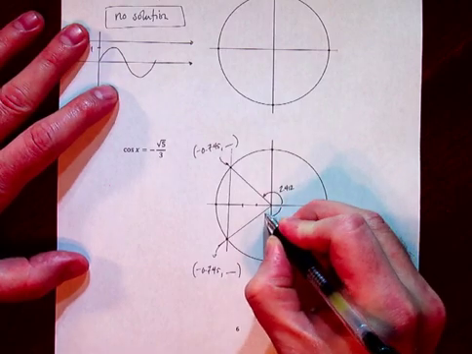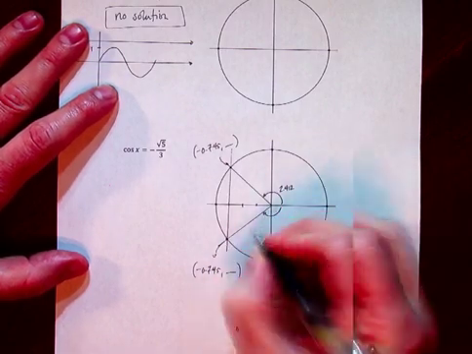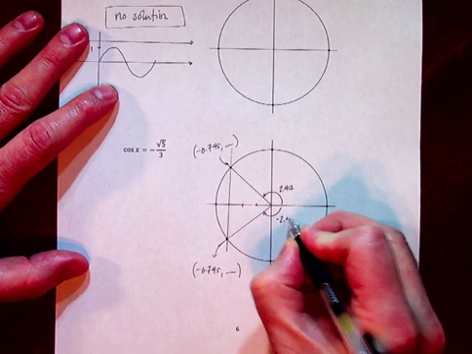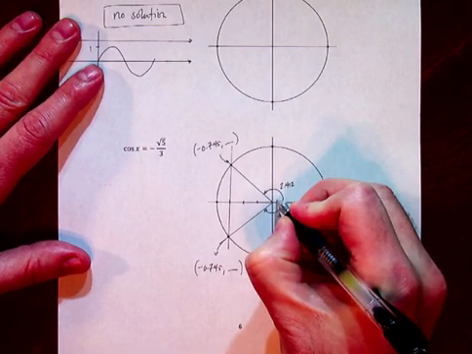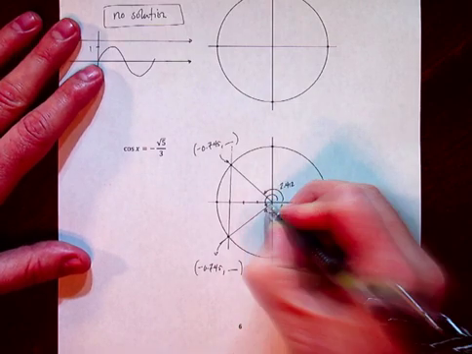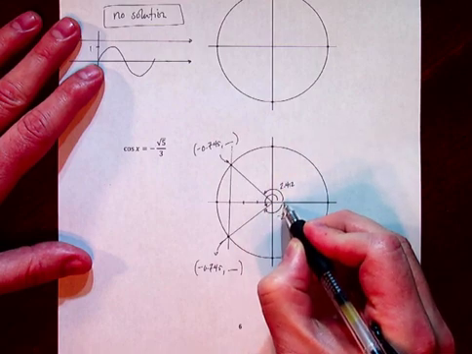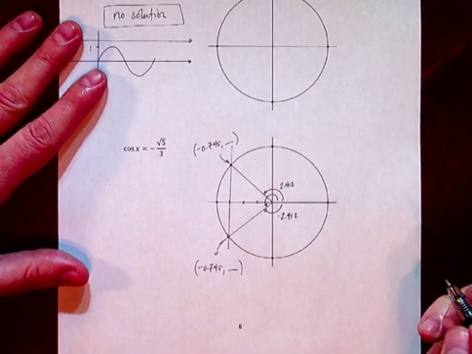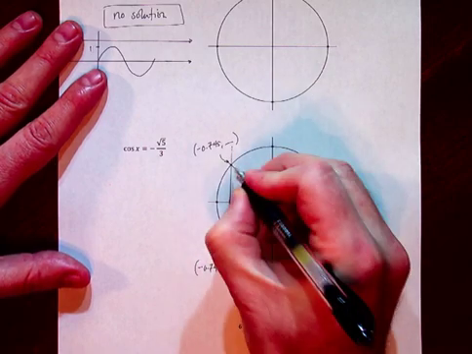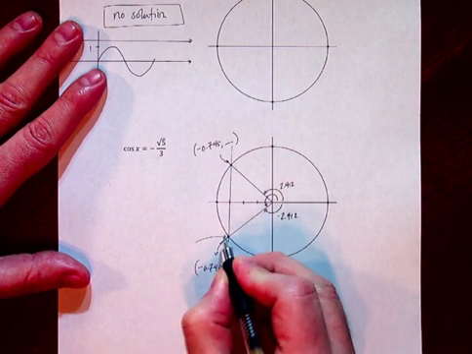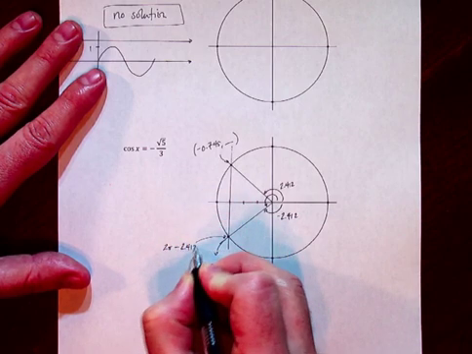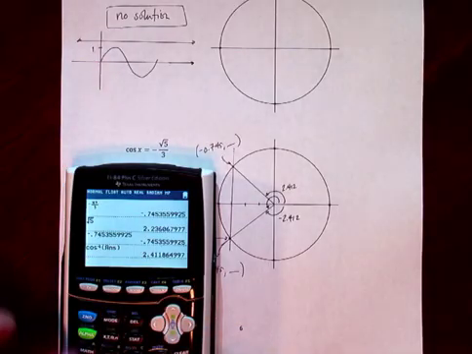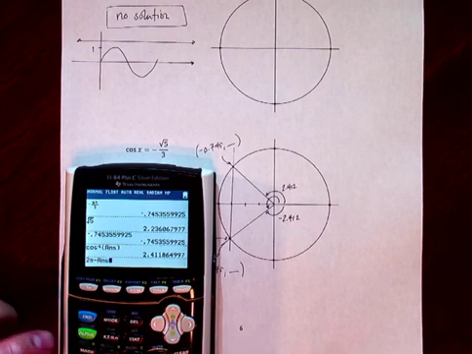Now, remember that this angle measurement can be represented as negative 2.412. So this angle right here is a full revolution minus 2.412. So if this right here is 2.412, then this angle right here is 2 pi minus 2.412. And we can easily get that from our calculator. We get 2 pi minus that answer.